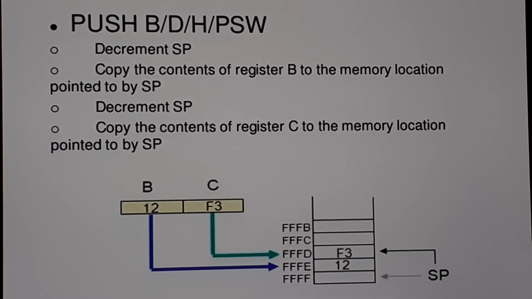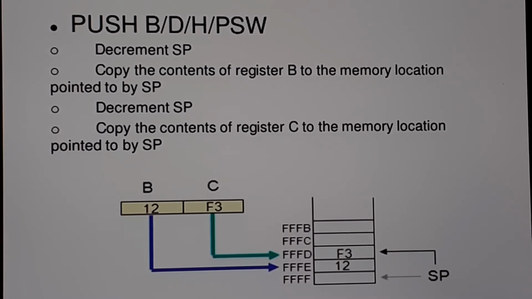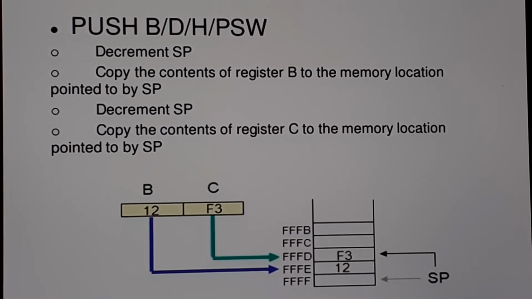Suppose you take 2004 for the stack pointer, then you will move the B register content to 2003 and the C register content to 2002. You keep on decrementing by 1; first you move the B register content, then one more time you decrement the stack pointer memory location, and you move the C register into that memory location.